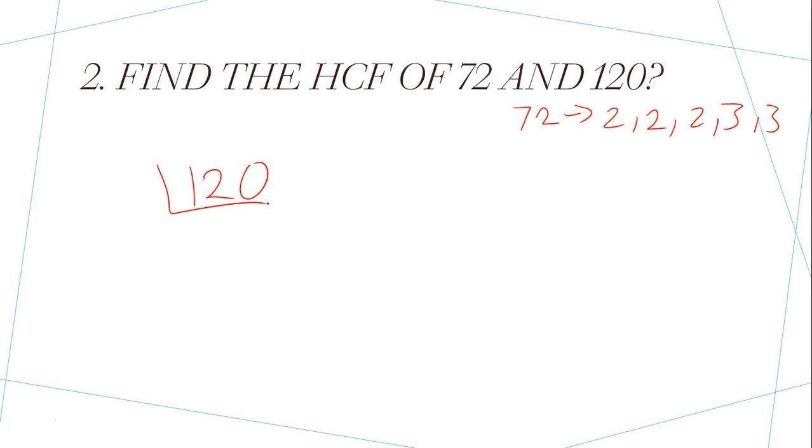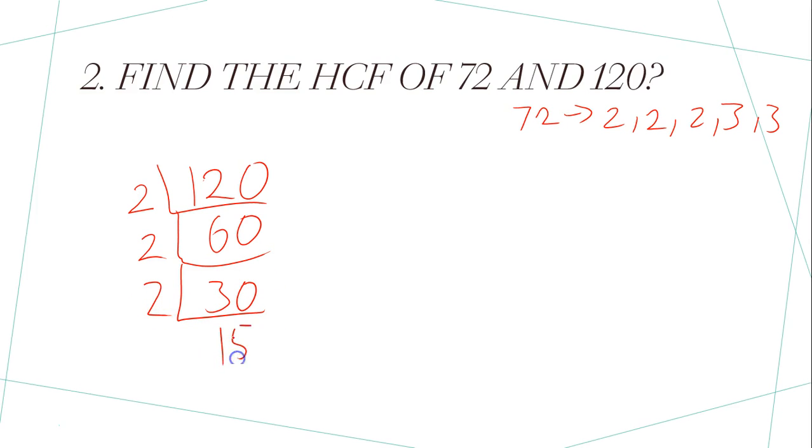We can see it's already divisible by 2 as it's an even number. We have 60 here, 2 again, 30, and then 2 again, and that's 15. Now 15 divided by 2 would be 7.5, however I don't want to go into decimals like I said last time. So what's the next number after 2? Does 3 work?